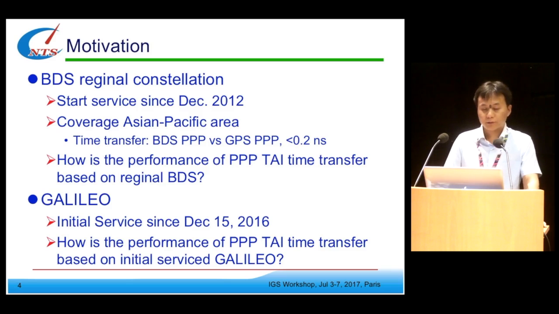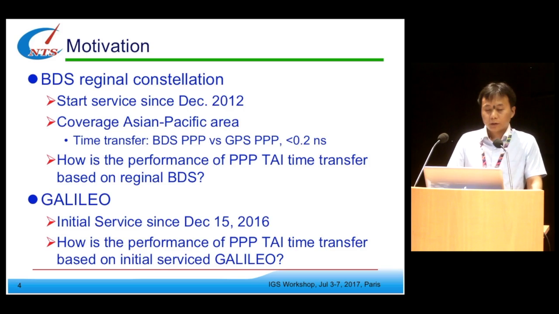The Chinese BDS system has provided service since December 2012. Although currently it only has a regional constellation, the BDS satellites could also be observed outside the Asian and Pacific area.